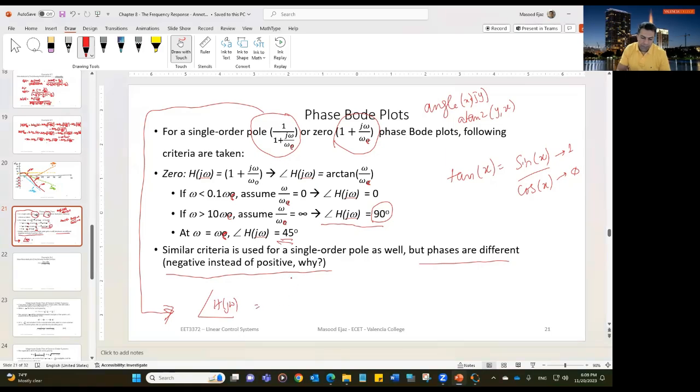The angle associated with 1 is 0, 1 on the real axis. We discussed this morning as well. And then the angle of the denominator, which is tangent inverse of omega over omega c. So it's the same thing as this, except it's negative tangent inverse of omega over omega c. And therefore, all these angles are going to be negative. Negative 90, 270 degrees that is, and negative 45 when these conditions are met.